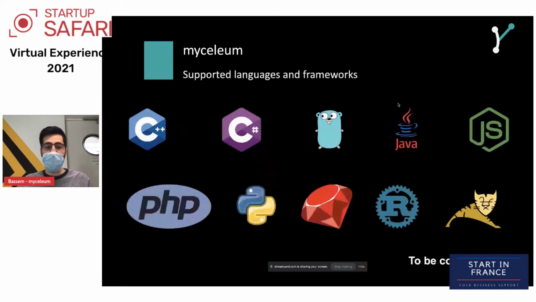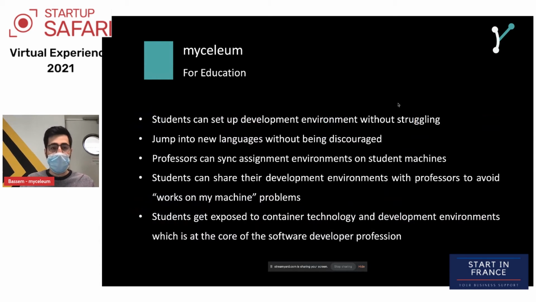We're going to talk about it in a bit. For now, we support some of the main languages and frameworks like C++, C#, Go, Rust, PHP, Python, and we're working on adding more languages and more frameworks as we go along.